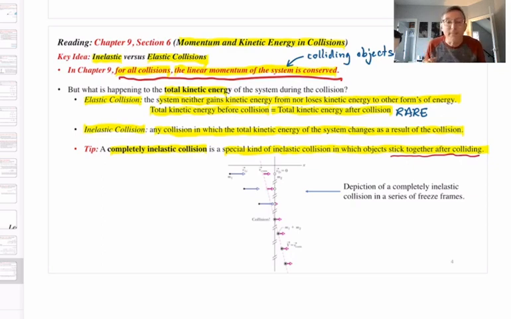Initially, I have particle 1 moving with a velocity v1 initial, which happens to be in the plus x direction. Particle 2 is sitting initially at rest. And I'm going to take our system to be the two particles, because they're going to collide.